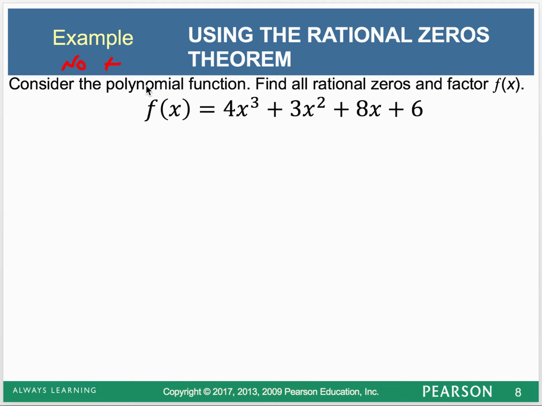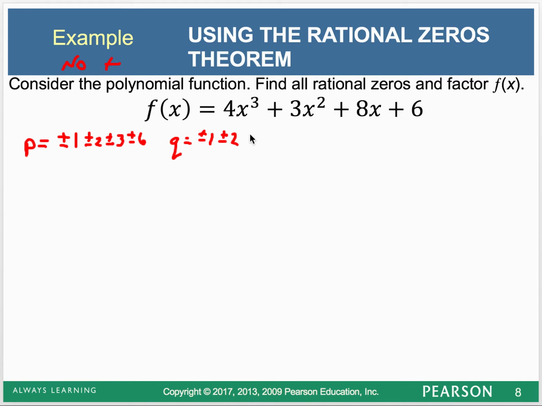So I don't have to check any of the positives. Okay, so let's see what our P's and Q's are. So P, factors of 6. So 1, 2, 3, 6.